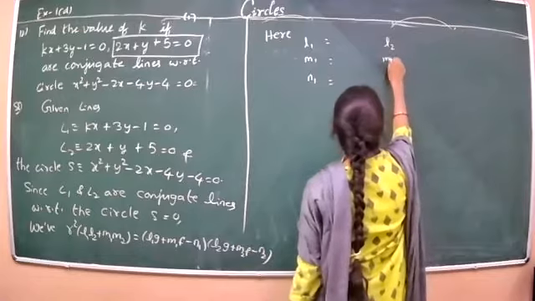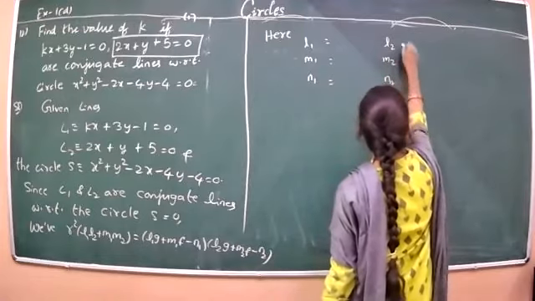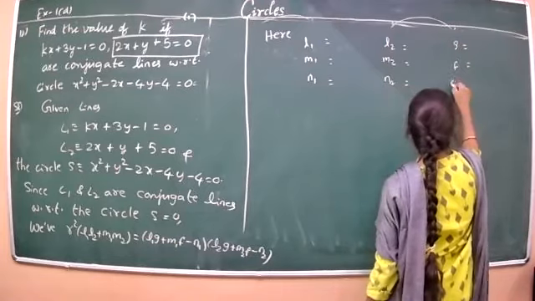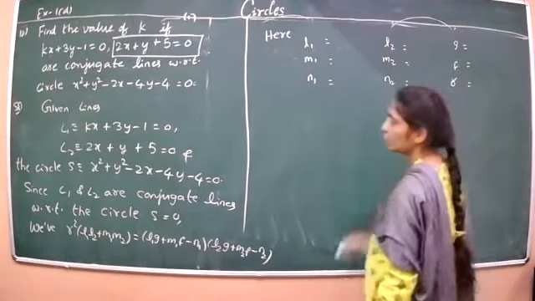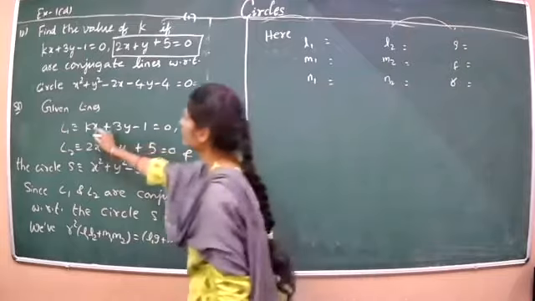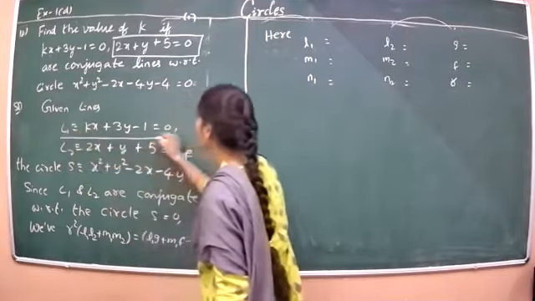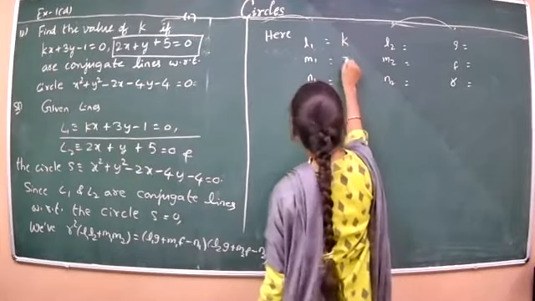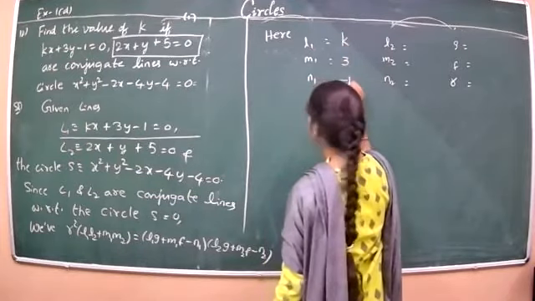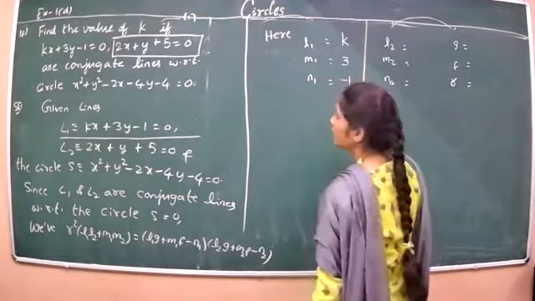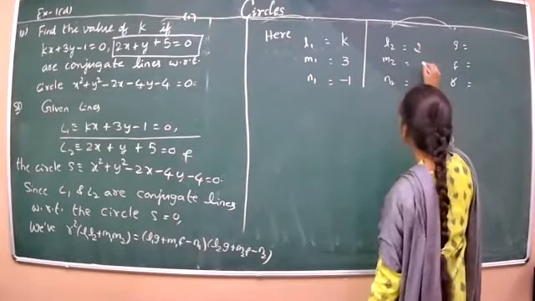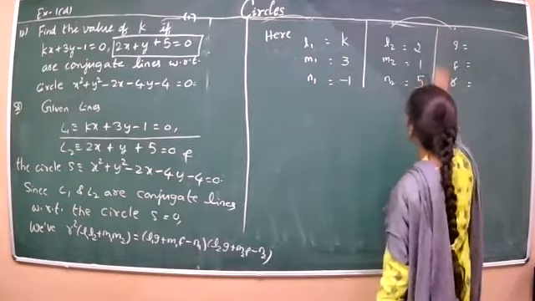What are L2, M2, N2? What is G, what is F, and what is radius r? L1, M1, N1 are from line 1: L1 is k, M1 is 3, and N1 is minus 1. L2, M2, N2 from line L2: that is 2, this is 1, and this is 5.